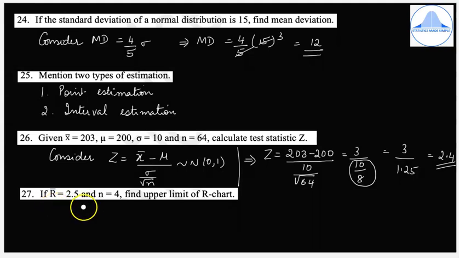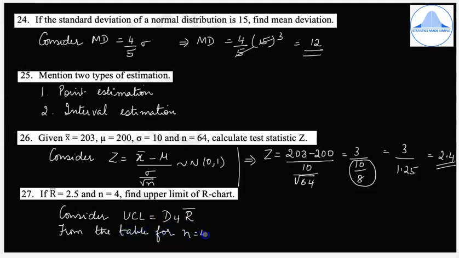27th question. If r bar is 2.5 and n is equal to 4, find the upper limit of the r chart. So let us write the formula. Consider UCL, that is the upper control limit, is D4 r bar. So now what you have to do is, from the statistical table, for n equal to 4, you should find out what is D4.